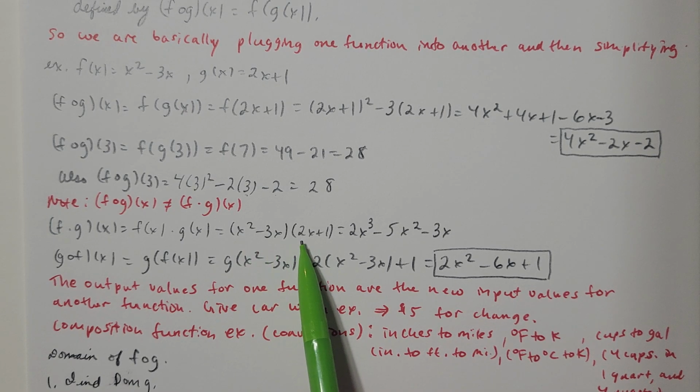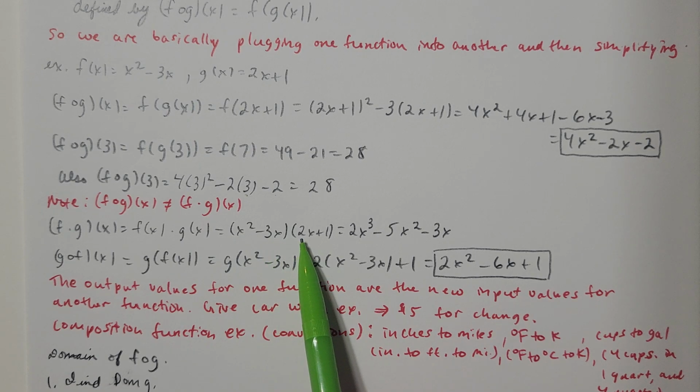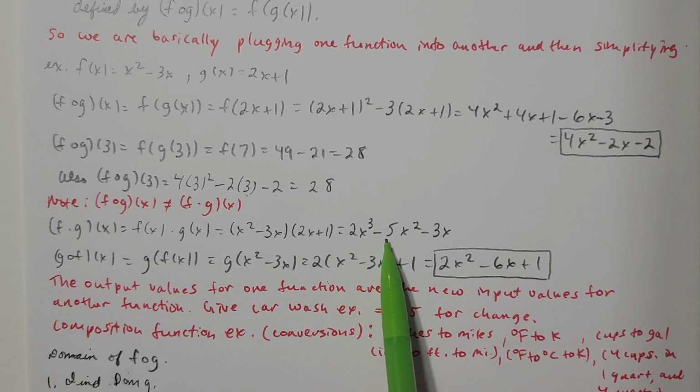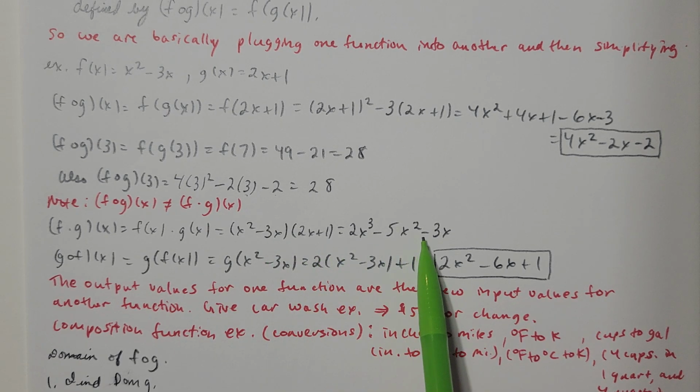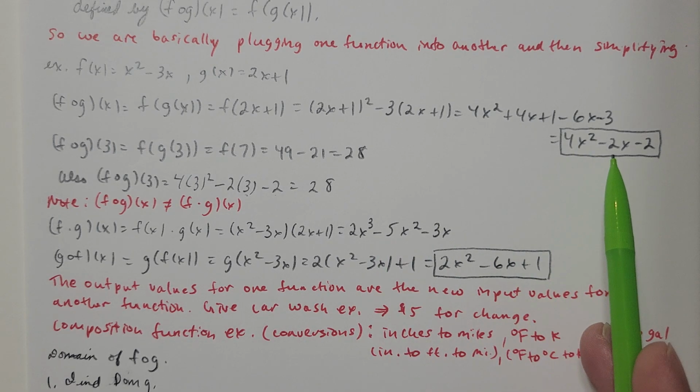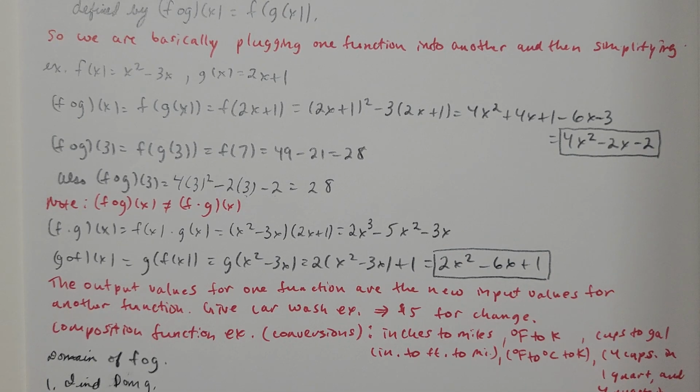I get 2x cubed. And then x squared minus 6x squared is minus 5x squared. Negative 3x times 1 is negative 3x at the end. Now that's not the same thing that I had right here. Okay? So those are two different results. I'm doing two different things there.